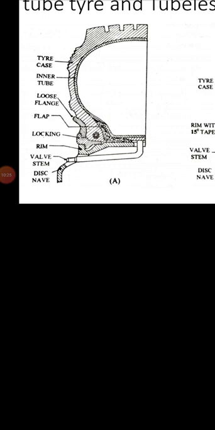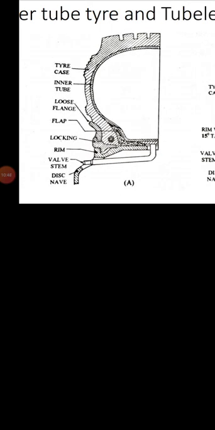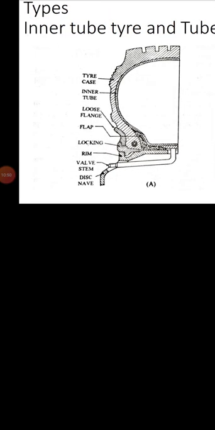Car valves are sealed by rubber pieces, whereas commercial vehicle valves have an all metal threaded system and are secured in the rims using nuts. So for safety purposes they use such kinds of nuts in heavy commercial vehicles.